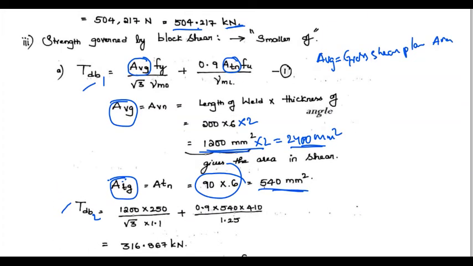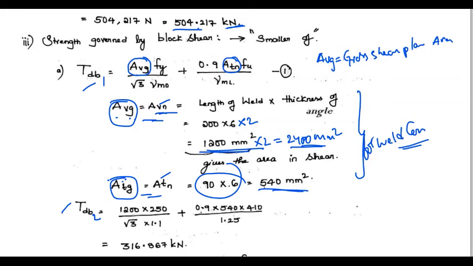And remember, what is the difference between Avg and Avn? Avg is the gross area and Avn is the net area. In case of weld connection, Avg is equal to Avn. But for bolted connection, these two are going to be different, because when you calculate the net area, in the shear plane or in the tension plane, you have to deduct the area occupied by the bolt hole.